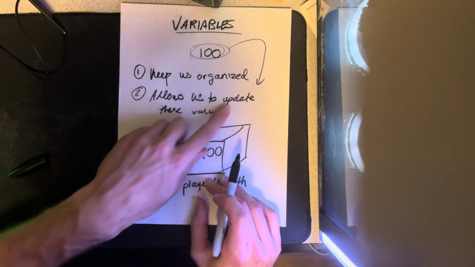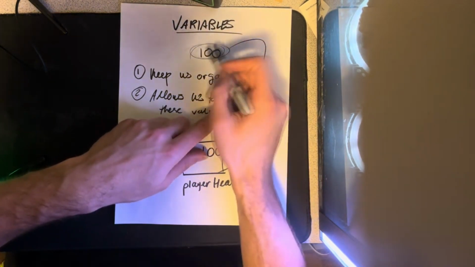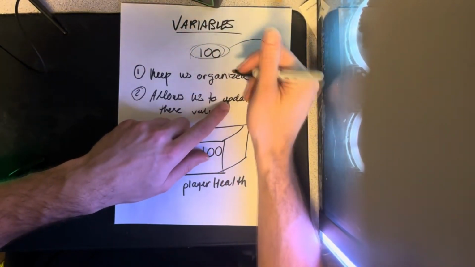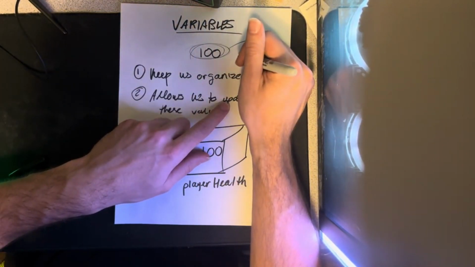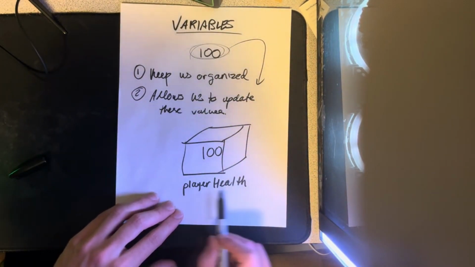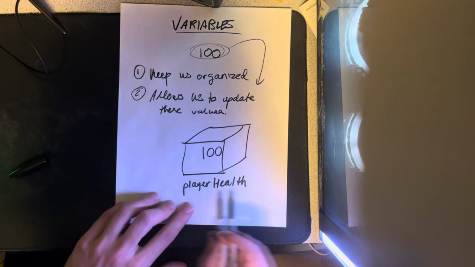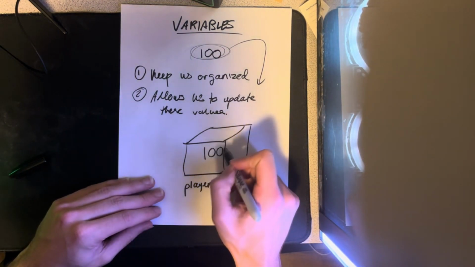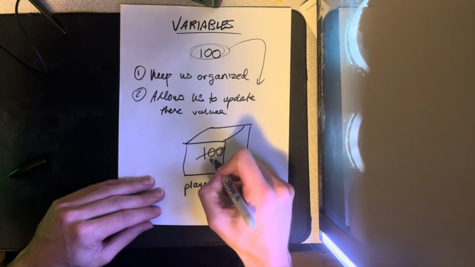It's always changing. And so instead of just having this 100 floating in space in my program that I have to keep track of myself, all I have to keep track of is the name of my variable, which is player health. So for example, let's say they take some damage and their health is now 90.